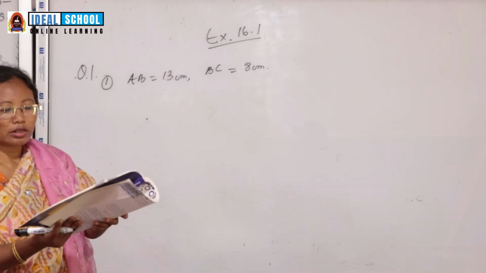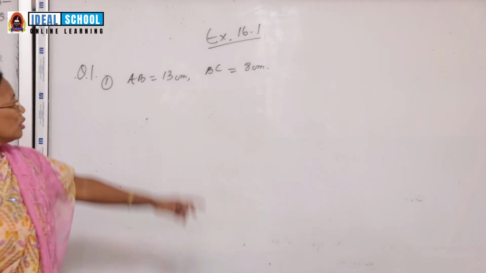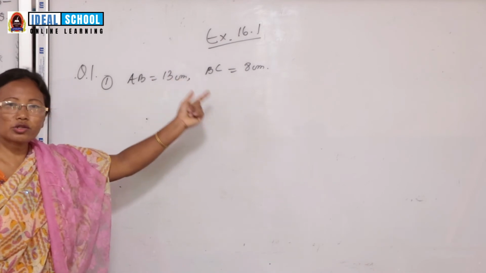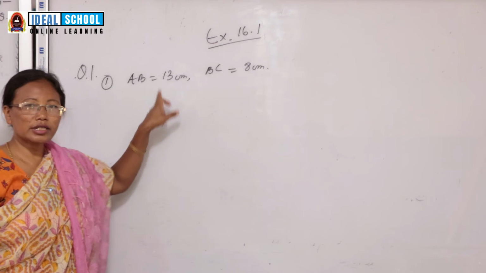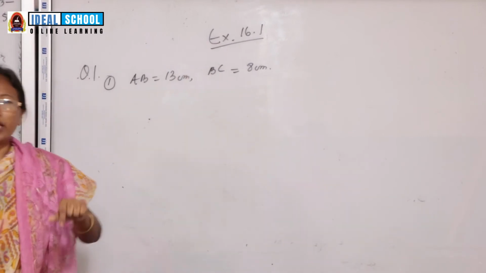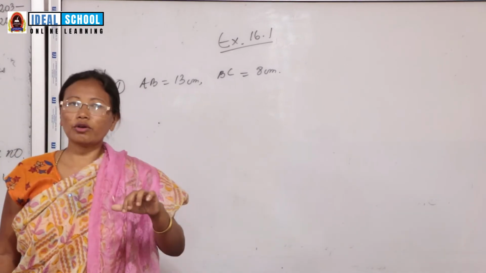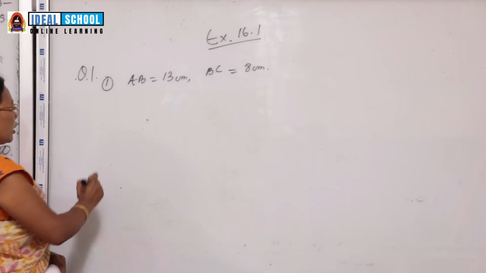This question mentions the rectangle, but if it did not, how would you know which one is the square and which is the rectangle? If the question gives two values, it is a rectangle. If it gives only one value, it is a square. Okay, now let's solve.